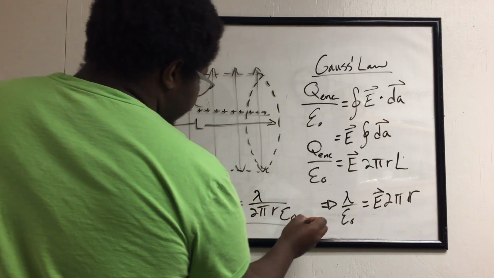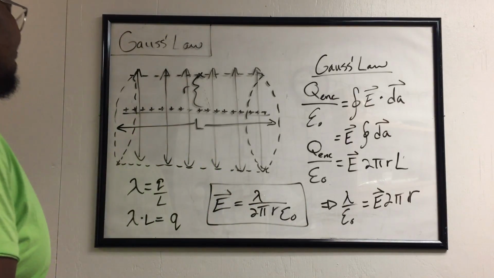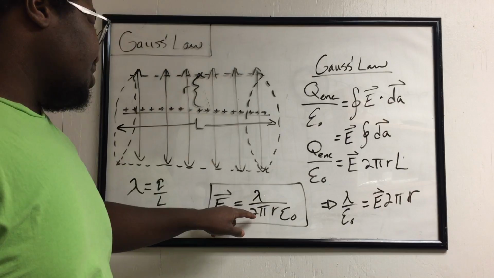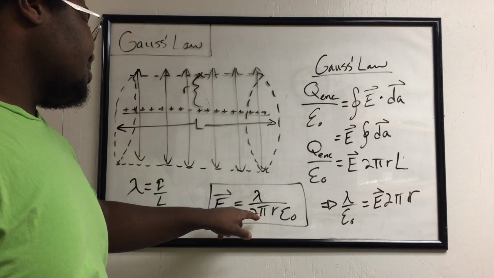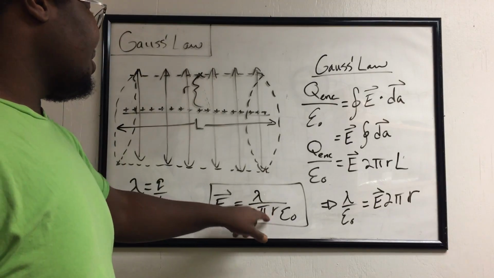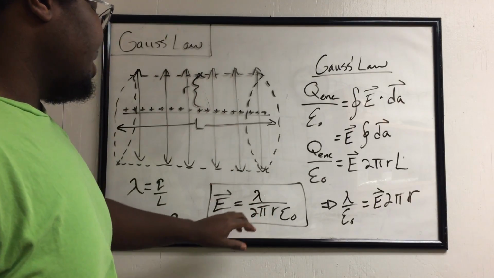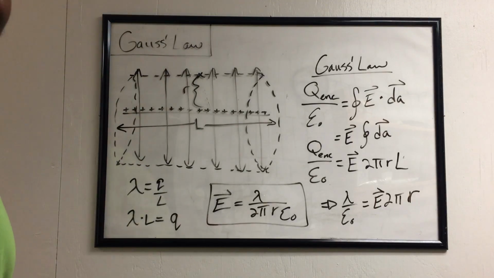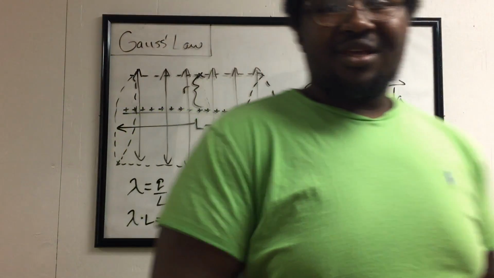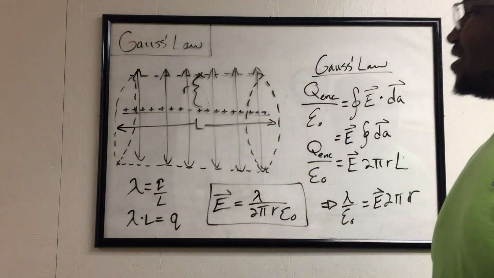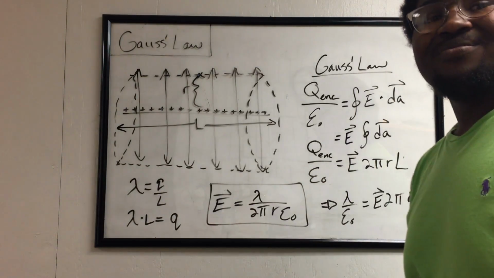And this is the equation. So 2 pi is a constant. If you know r, this radius, and the charge density, you can calculate the electric field using Gauss's law. So yeah, that's pretty much it. This is Gauss's law using the cylindrical approach. Thanks.